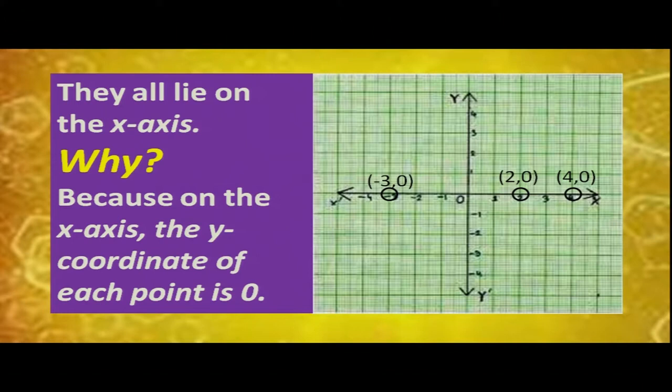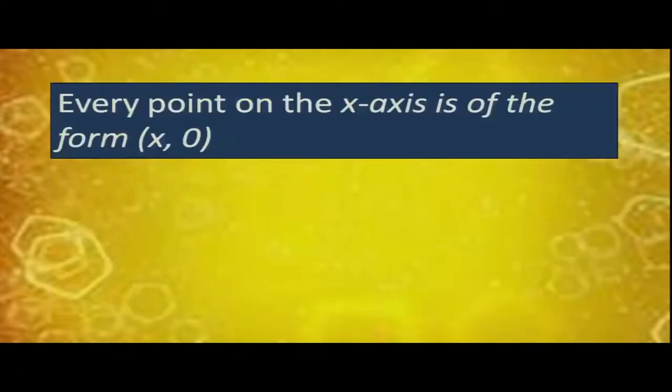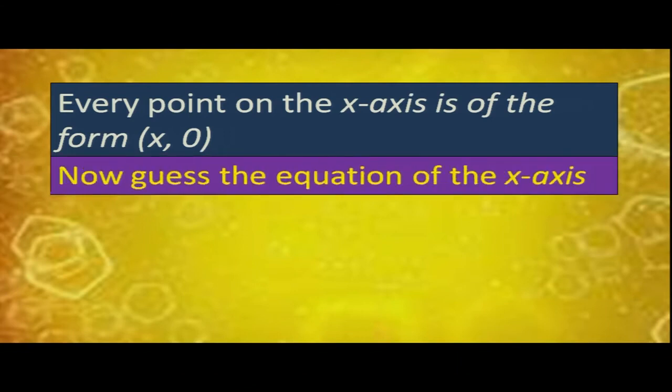So we can say that all points of the form (n, 0), where n is a real number, lie on the x-axis. Then every point on the x-axis is of the form (x, 0).